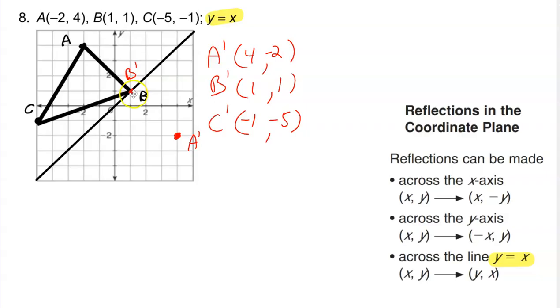So there's no distance from the diagonal, so there's nowhere to count from it. Okay. And then C is 2, 1, 2, and then count 2, 1, 2 to get C prime. And then connect the dots, and we have our reflection across y equals x.